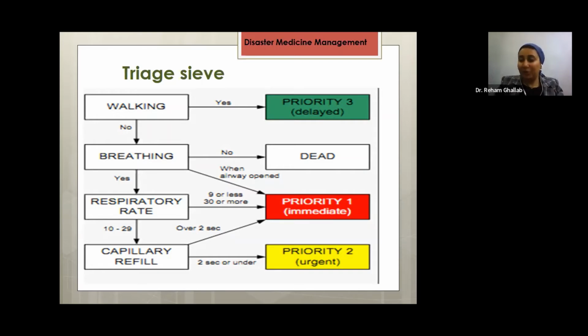So we can say triage is a dynamic process. This screen will be used in the next step. Please take a short screen capture of this slide.